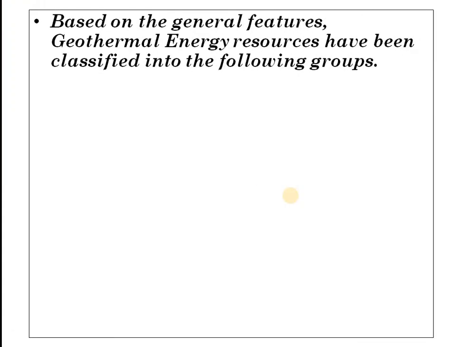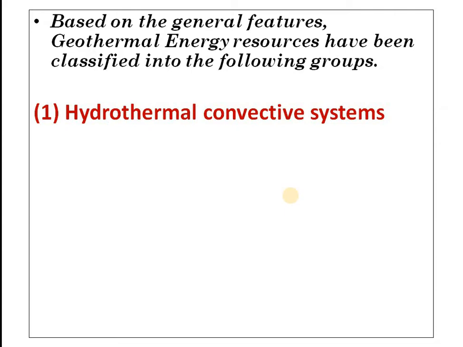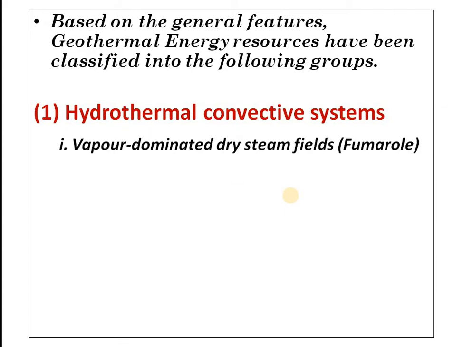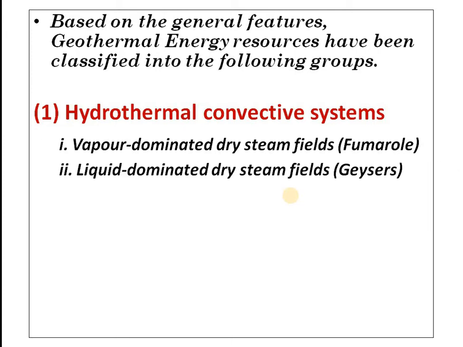Now let us come to our basic topic. We were talking about geothermal energy resources so far, and these have been classified into the following groups. First one is the hydrothermal convective system, which is again subdivided into vapour-dominated, liquid-dominated, and hot water field.